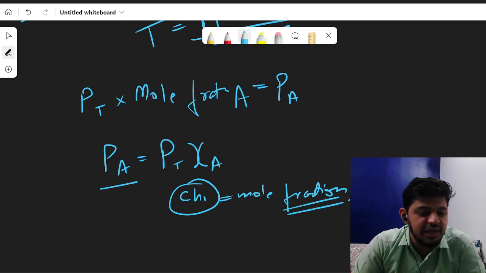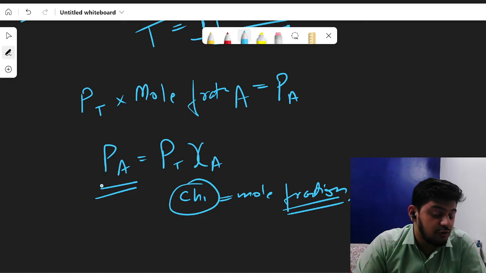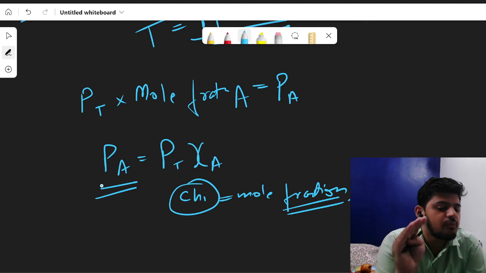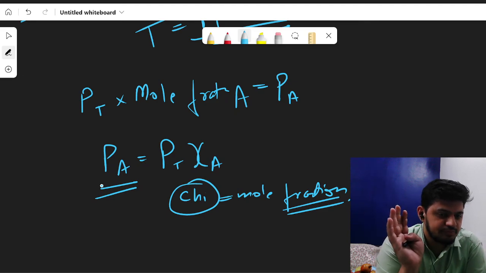So PA is the pressure of A. If I want to calculate the pressure of one gas from the total pressure, it is nothing but the mole fraction multiplied by the total pressure.